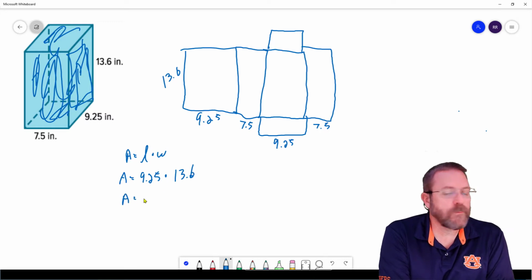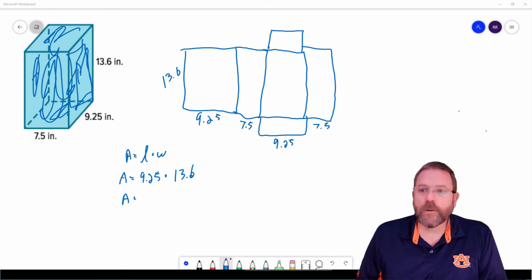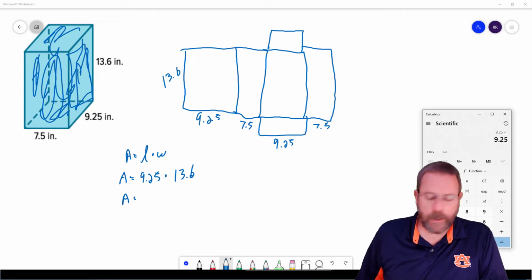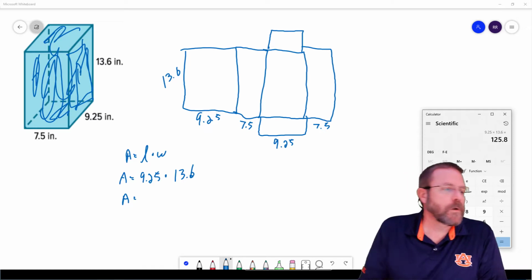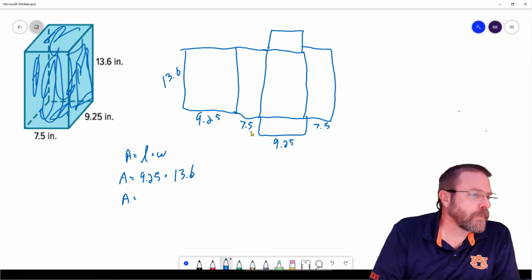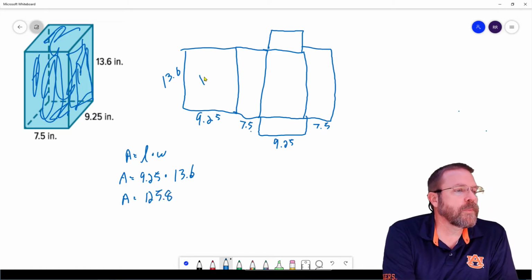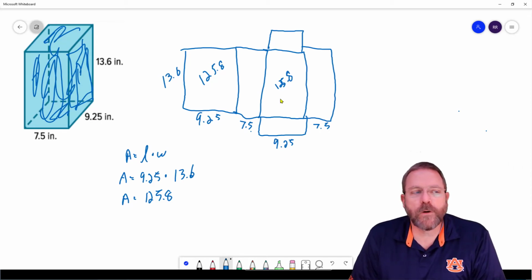Let's grab a calculator: 9.25 times 13.6 gives us 125.8. I'm going to write that here and here. That helps me keep track of what I've done and what the sizes of those rectangles are.